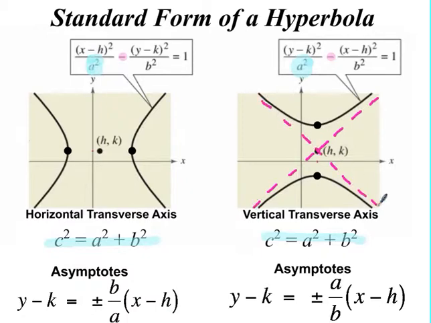If I were to draw my asymptotes in, that's what I would draw in, and those would be the guidelines for the hyperbola. Biggest thing to understand about the asymptotes, with the horizontal axis, it is B over A. With the vertical transverse axis, it is A over B. Those are different, so that's why I do let you have a reference sheet when you complete your test.